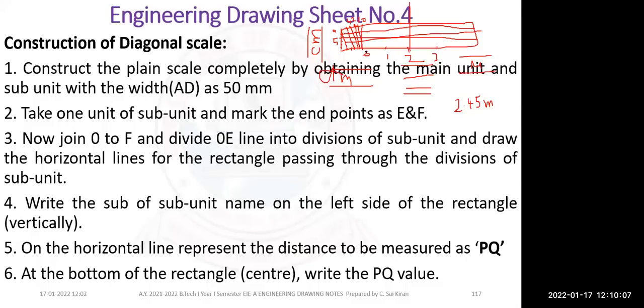So 0.45 meters, that is the value. So I will be highlighting this line. Here I have to mark the letter as P, here I have to mark the letter as Q. So at the bottom, one more line I will be writing here, and here I'll write PQ equal to 2.45 meters.